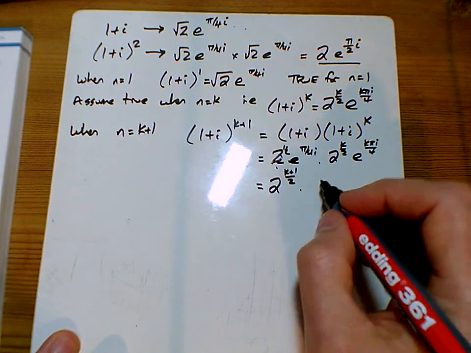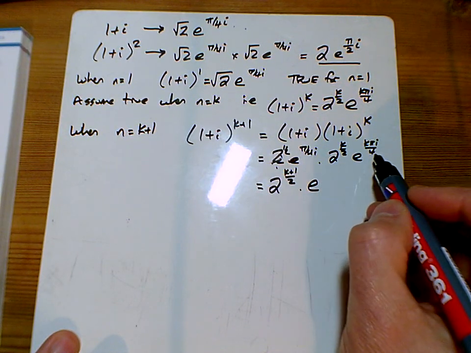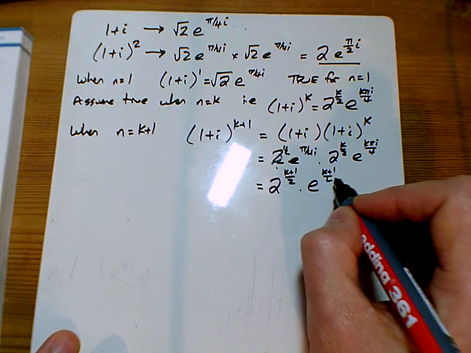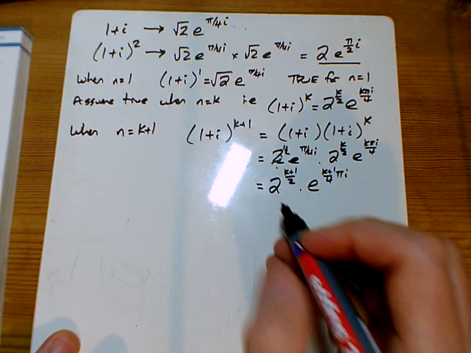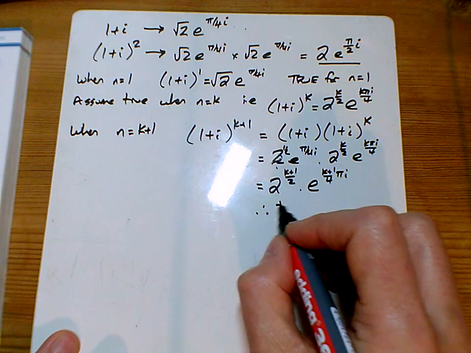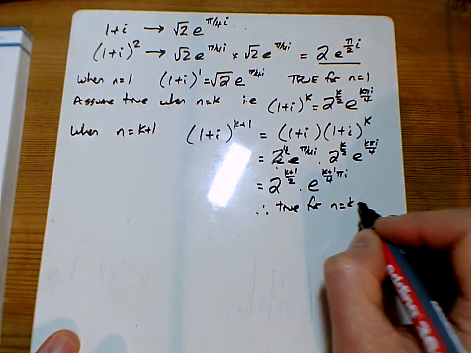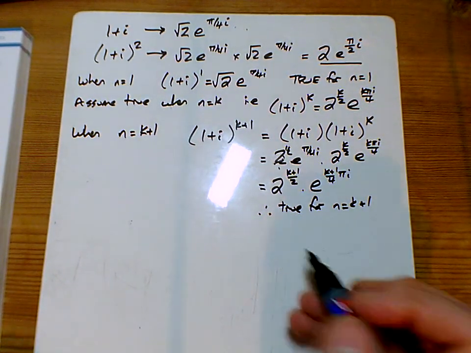And adding these powers, we've got e to the power of, so that's k over 4 plus another 1 over 4. So we've got k plus 1 over 4 pi i, which is what we would expect for k plus 1. Therefore, true for n equals k plus 1. So we now write our proof by induction statement.